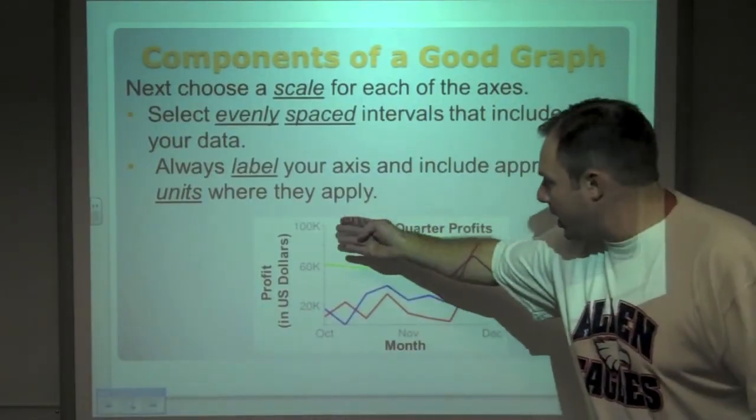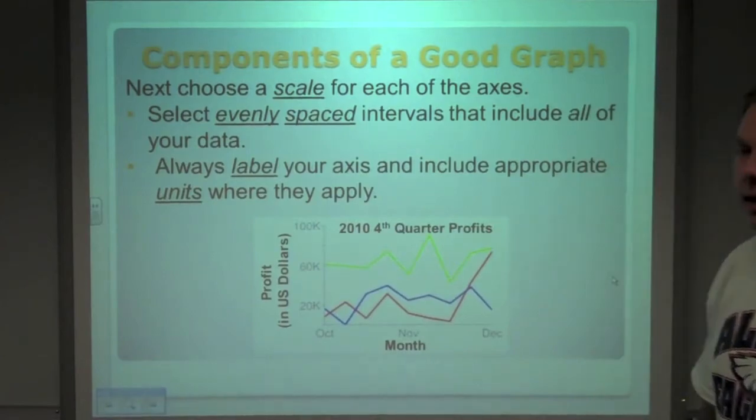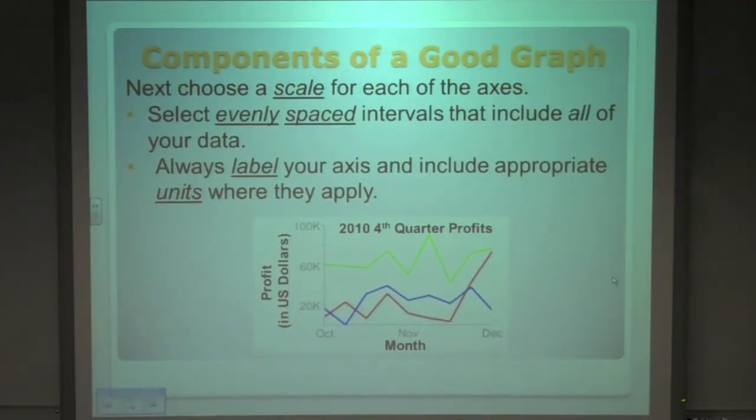If we simply put 1,000, 100K, 60K, and 20K without any type of label, the person trying to read the graph wouldn't understand what that's all about. They would have no clue. Are we talking about money? Or are we talking about time? Are we talking about rocks? What are we talking about? So we have to provide a label whenever we put that on our graph.